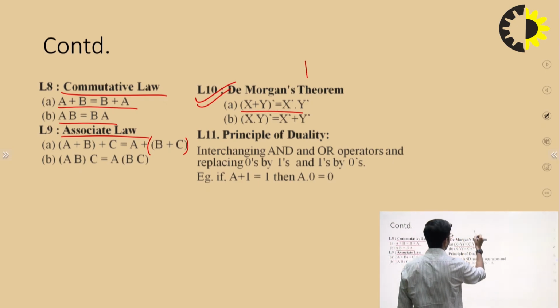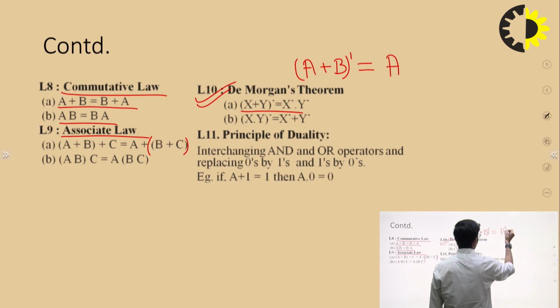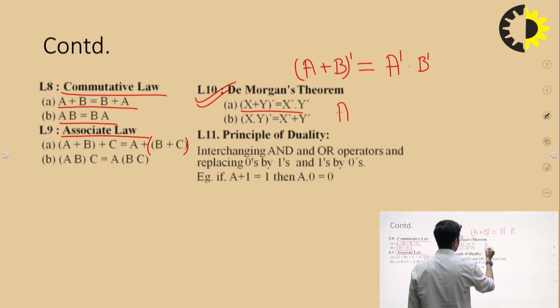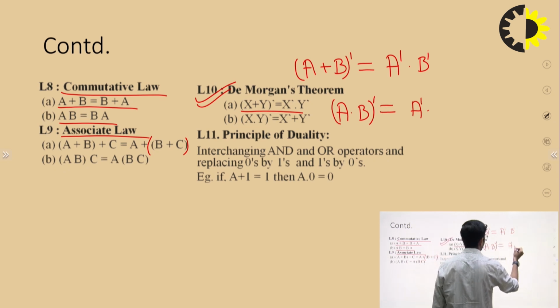It says that a plus b whole complement can be written as a complement into b complement. Similarly, a into b whole complement can be written as a complement plus b complement.